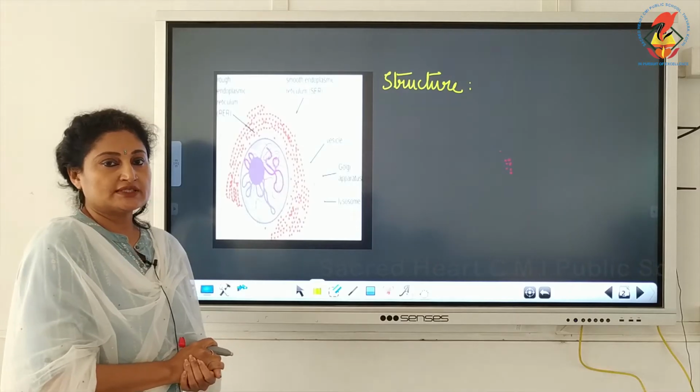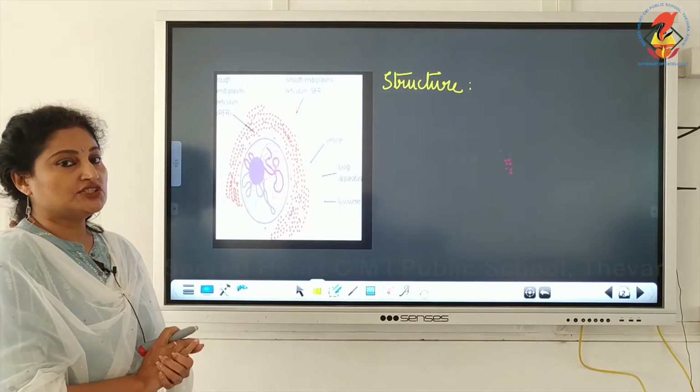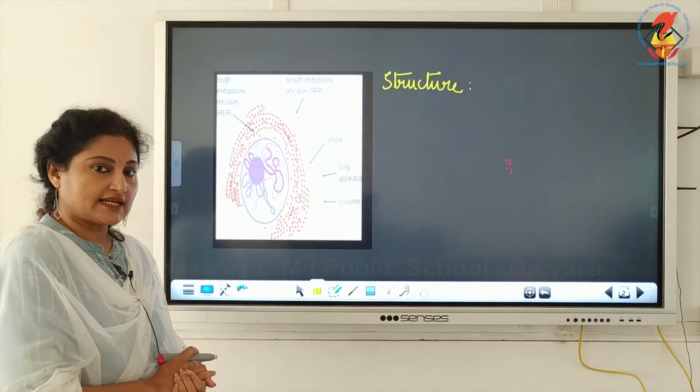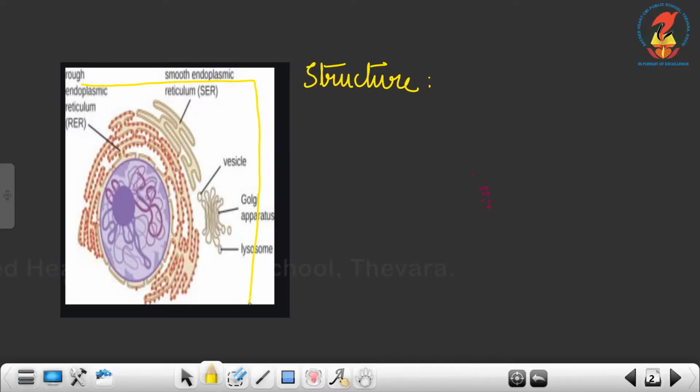So first let us see the structure of endoplasmic reticulum. Endoplasmic reticulum is a network of tiny tubes or reticulum of tiny tubes scattered in the cytoplasm. It is running from the nuclear membrane to the plasma membrane.